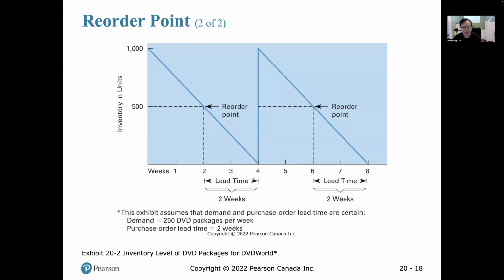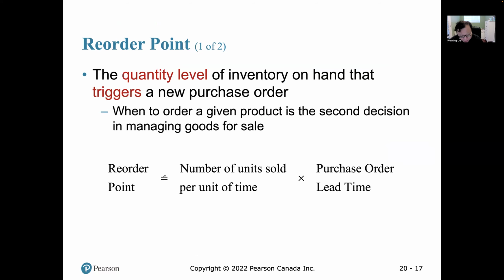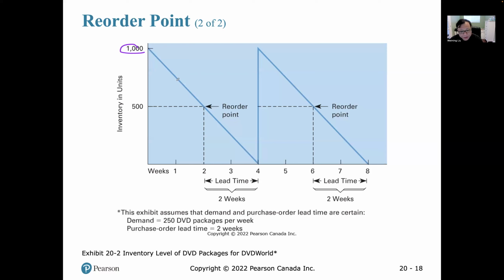So this picture shows the reordering point, right? So it's interesting here. For each order, I'm ordering 1,000 units. As I'm selling this stuff, the inventory level is going down from 1,000. And it takes 4 weeks.